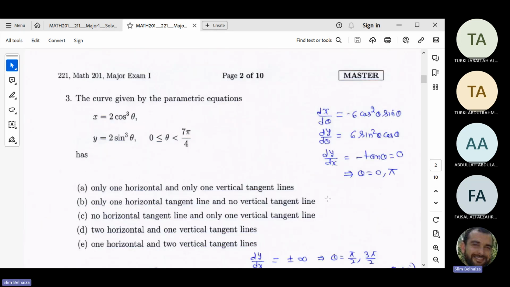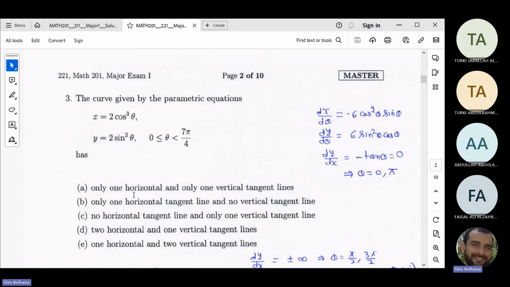Now, question 3, the curve given by the following parametric equations. The question here is not about sketching, not areas. We would like to find the horizontal and vertical tangent lines.